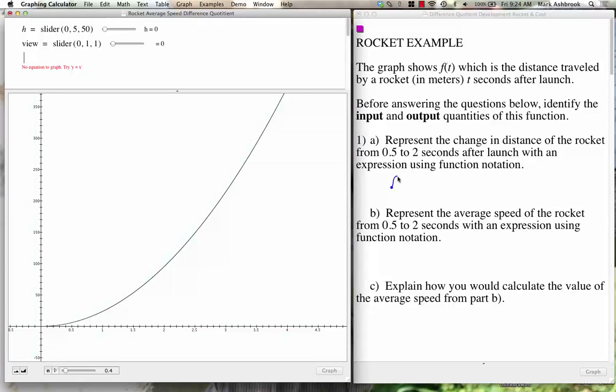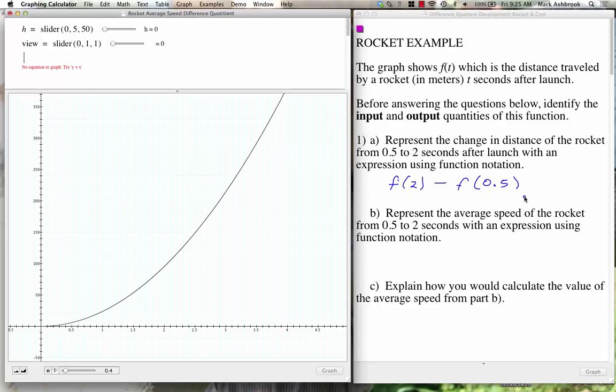So this is what I heard you say. f of 2 minus f of 0.5. Good. Agree with that? So you got the total distance after 2 seconds, total distance after half a second. So that change in distance will be the final value of distance minus the initial value of distance.